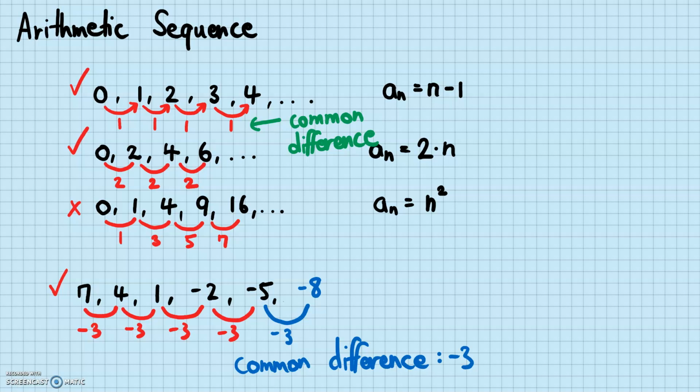Okay, now a question that comes up with arithmetic sequence is, can we find the nth term of an arithmetic sequence? So remember, that was a little bit harder to do with recursive functions. Let's see what we can do with arithmetic sequence. So let's say we have an arithmetic sequence.